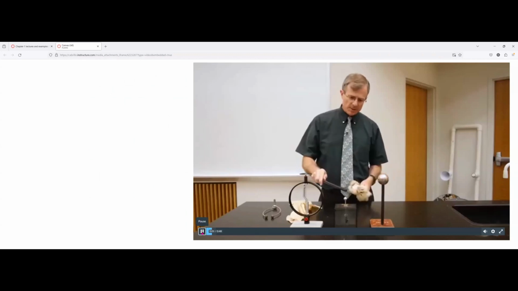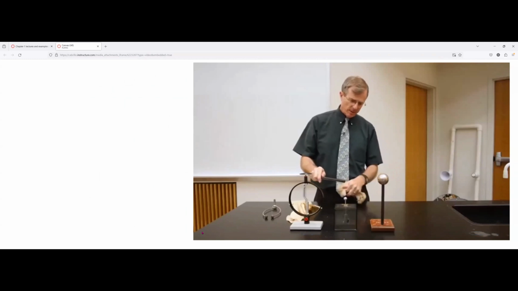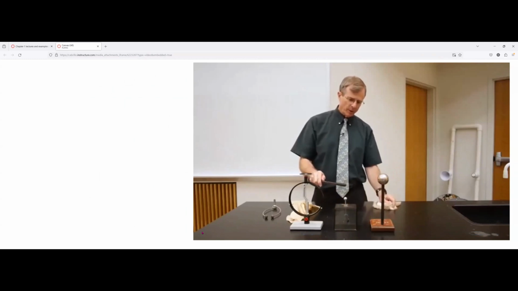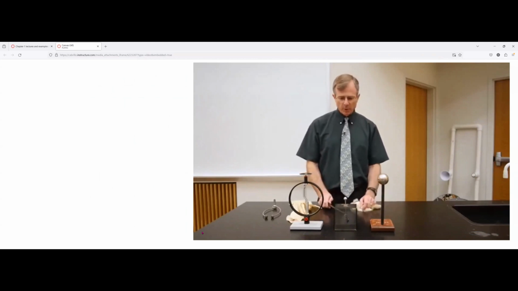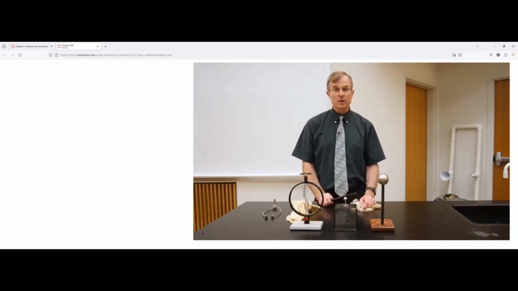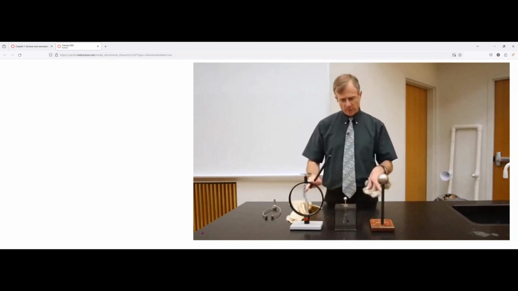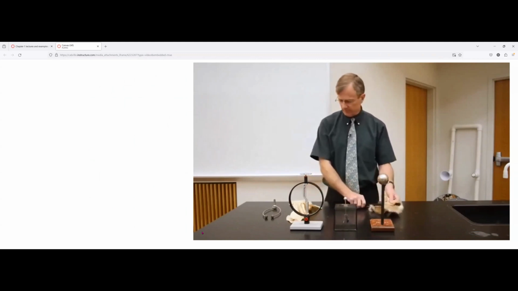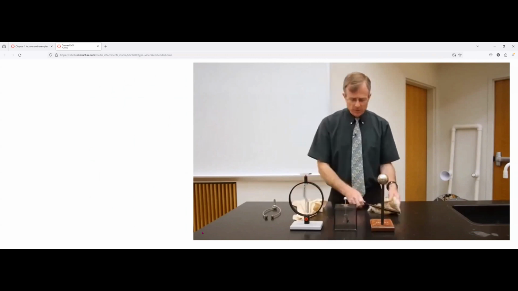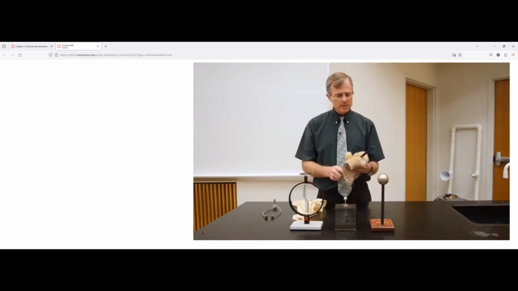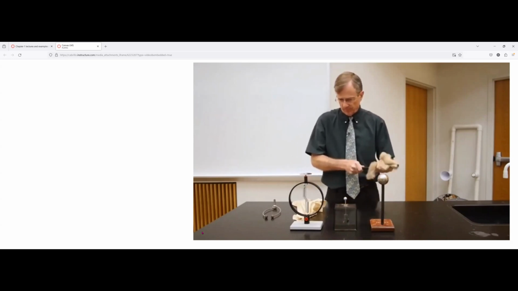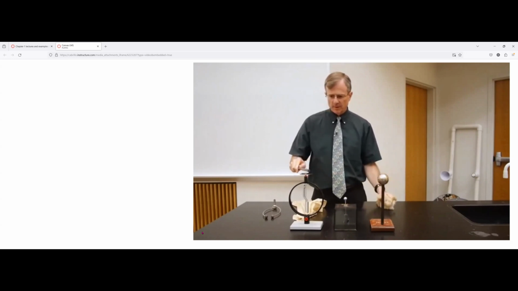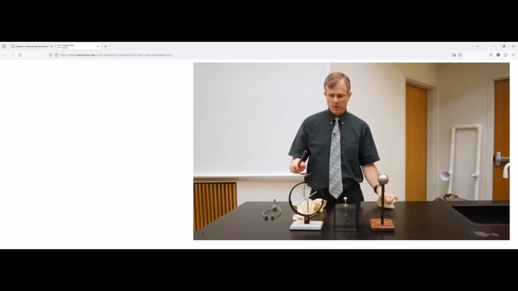And then if we touch this sphere here, the two little pieces of aluminum foil separate, demonstrating that both of them have acquired some negative charge, some electrons, and are now repelling each other. You can also use a very sensitive Braun electroscope to measure minute amounts of charge.